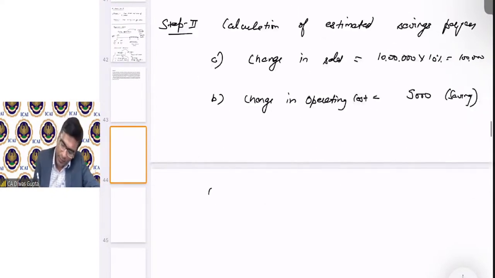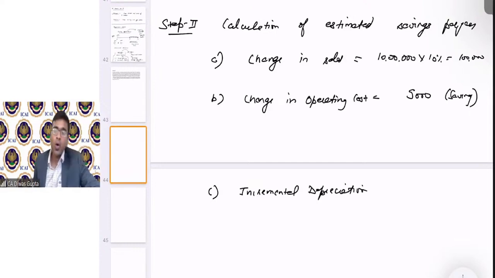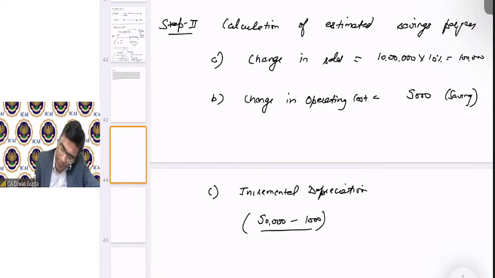Then C, incremental depreciation. Correct, students? Because for calculating the tax impact, we need to calculate the incremental depreciation. So that will be calculated how? 50,000 is the cost of the new computer. 1,000 is the salvage value. 5 years is the useful life, minus the old one if it would have been continued.